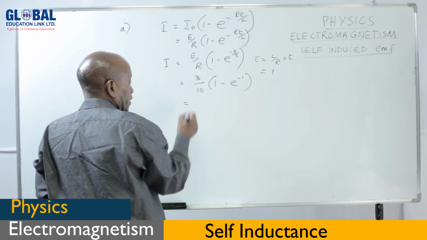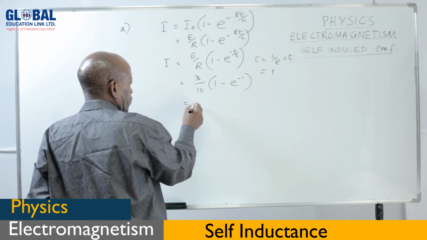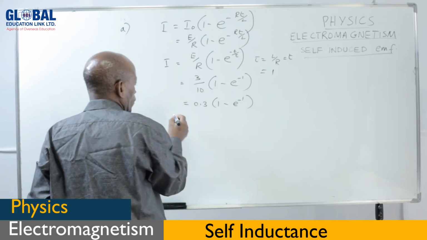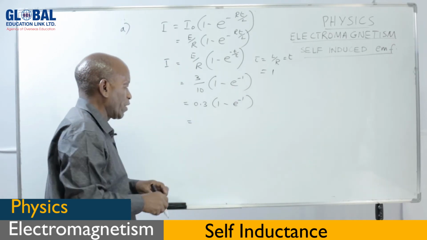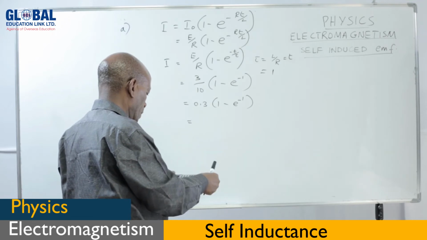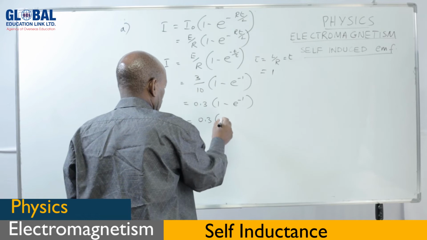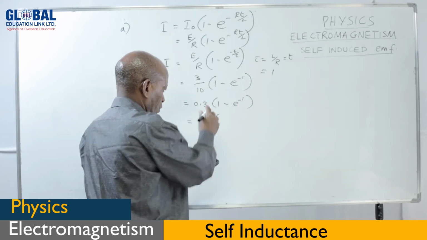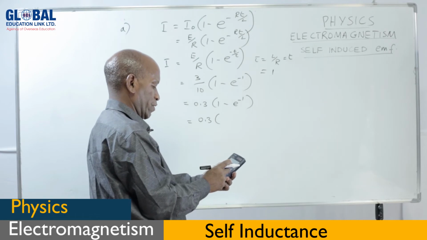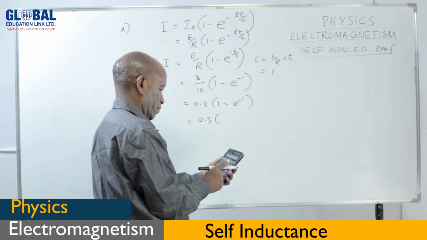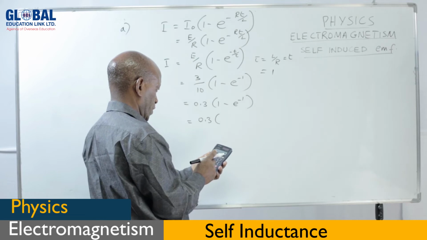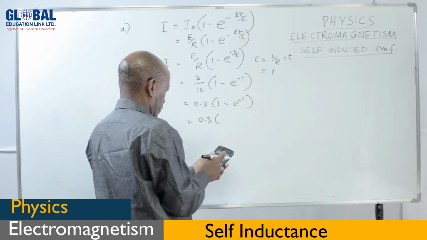From there we can compute to obtain the current I, which is 0.3 times 1 minus e to the power minus 1. Using the calculator, we take 1 minus e to the power 1, so I'm computing for this value here.